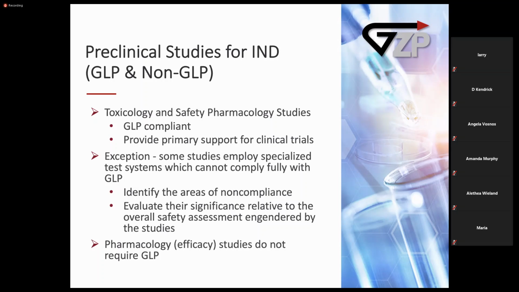There are some studies that employ specialized test systems which just cannot, by their technical nature, fully comply with GLP, and those are acceptable to the FDA as long as you identify the areas of noncompliance and evaluate their significance related to the overall safety assessment engendered by the studies.